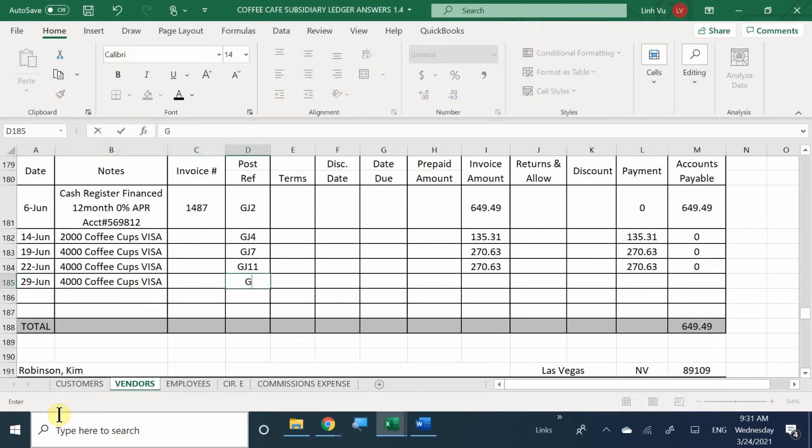General journal 20. Invoice amount was once again another 270.63, and of course we paid with a Visa credit card, so therefore we should owe nothing.